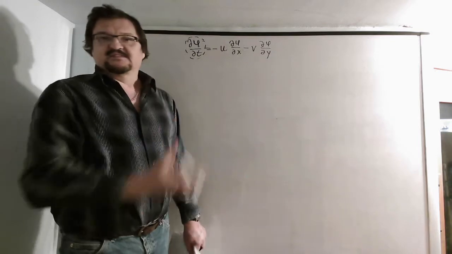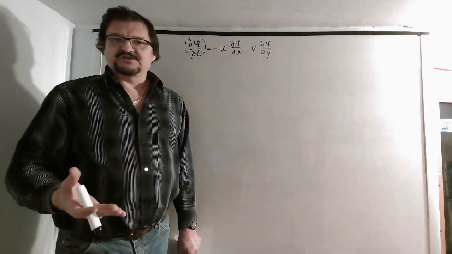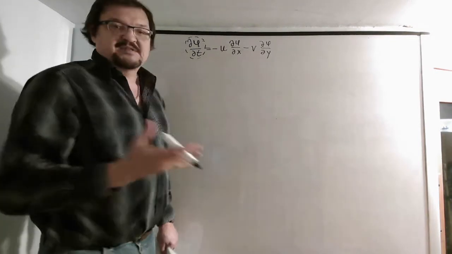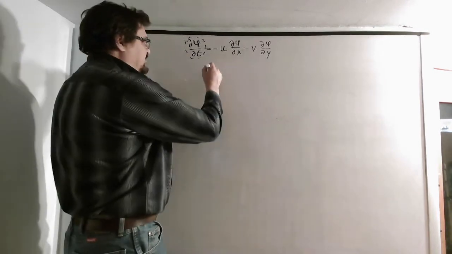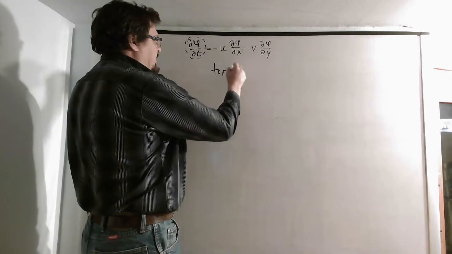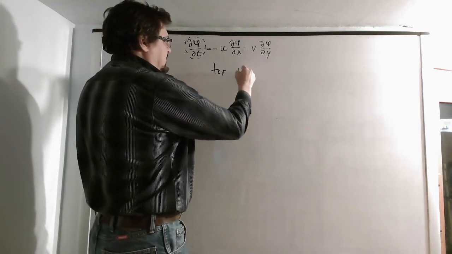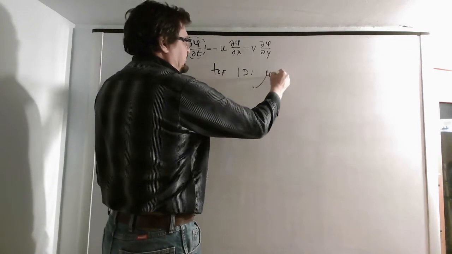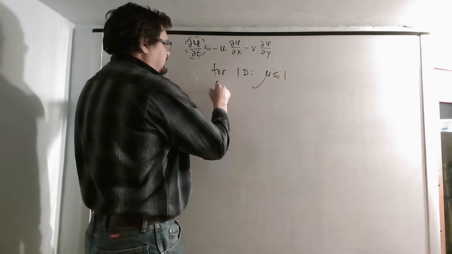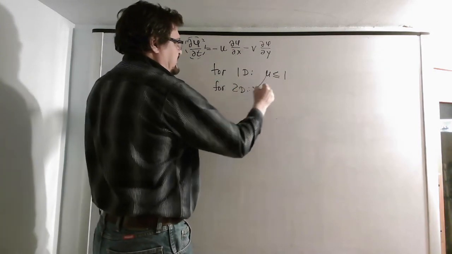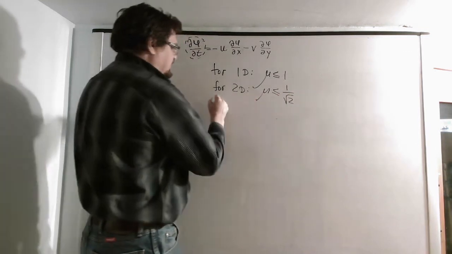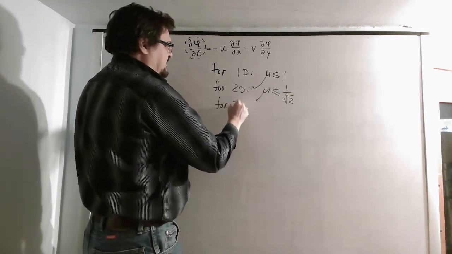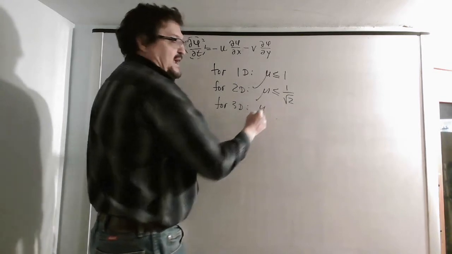And in 3 dimensions it's similar, but it is even more constrained. So for 1D, your mu should be smaller or equal to 1. For 2D, your mu should be smaller or equal to 1 over square root of 2. And for 3D, you have that your mu based on magnitude of velocity.